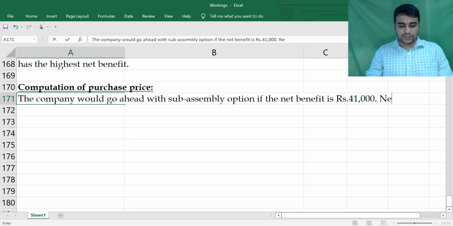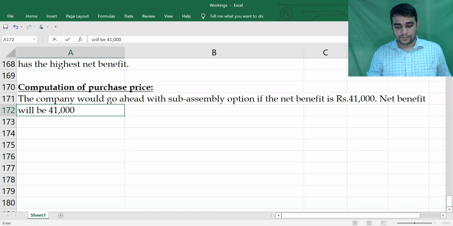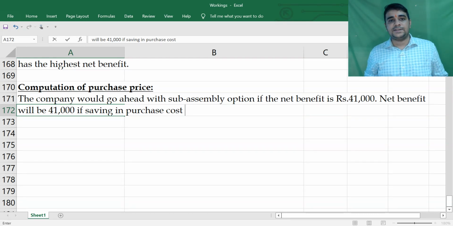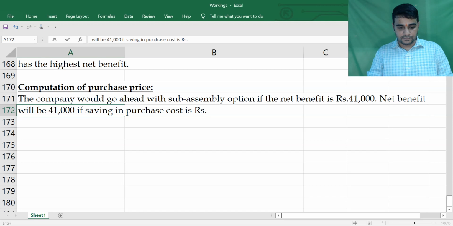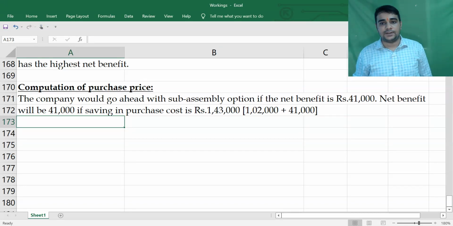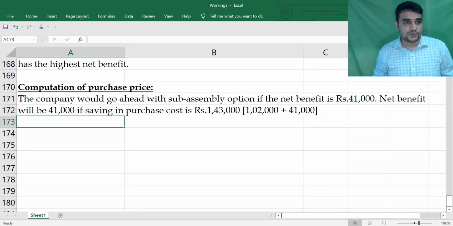Net benefit will be 41,000 if the saving in purchase cost is 1,43,000. Saving in purchase cost is 1,43,000.